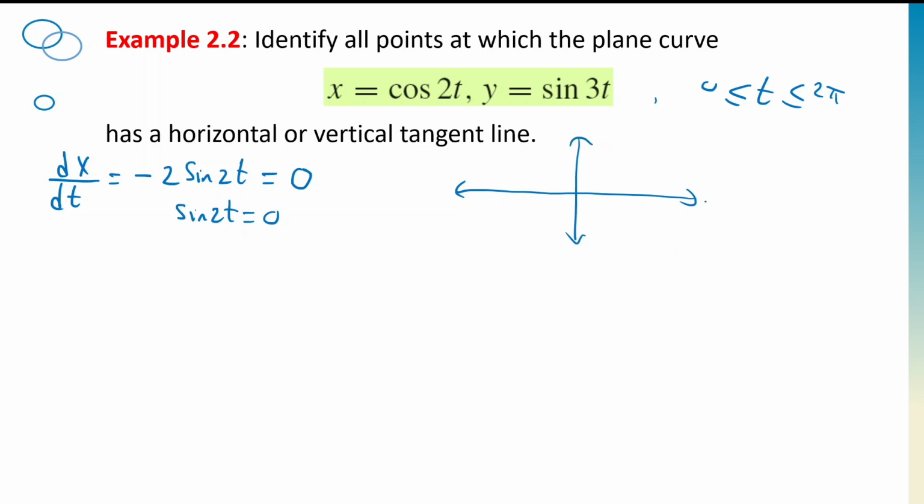At the right-hand side, I have the cosine equals 1. At the left-hand side, cosine equals negative 1. For the angles at the y-axis, like 90 and 270, I have the cosine equals 0. I do care mainly about the 0 case. So x-axis, the sine is 0. Y-axis, the cosine is 0.